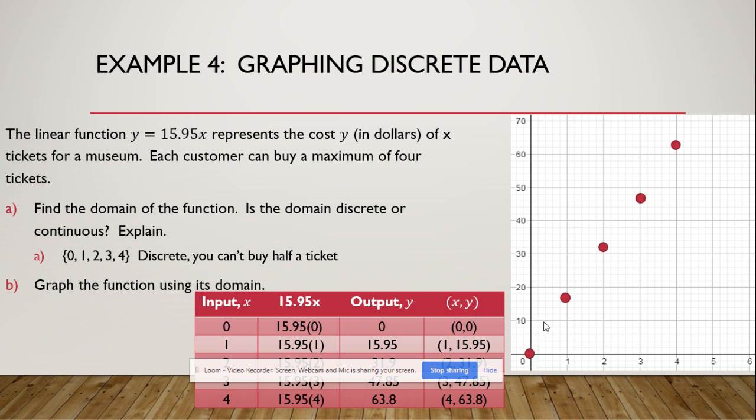If I were to draw a line between these first 2 dots, that would be me indicating that I could have 1/4 of a ticket, half of a ticket. It would give value to all those fractions, which we don't want. We can only have a value at 0. We can only have a value at 1, at 2, at 3, at 4. We've already drawn circles where values are possible and nowhere else. Okay, and that is how you graph discrete data.